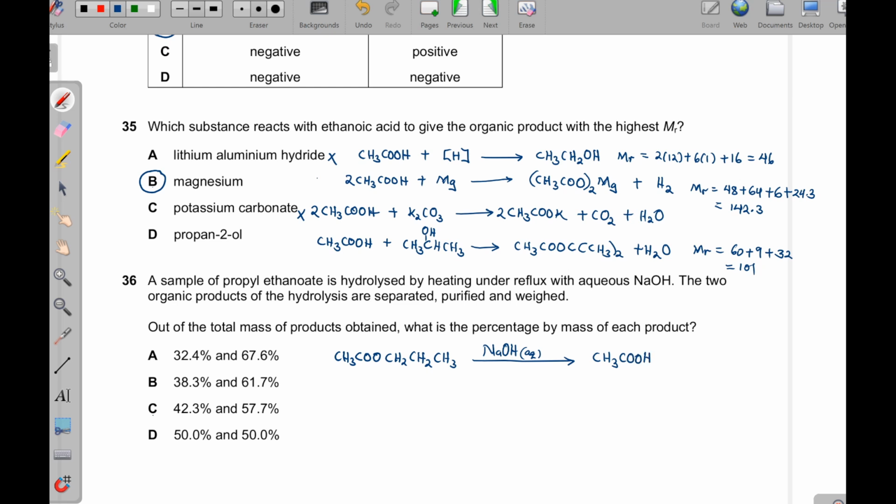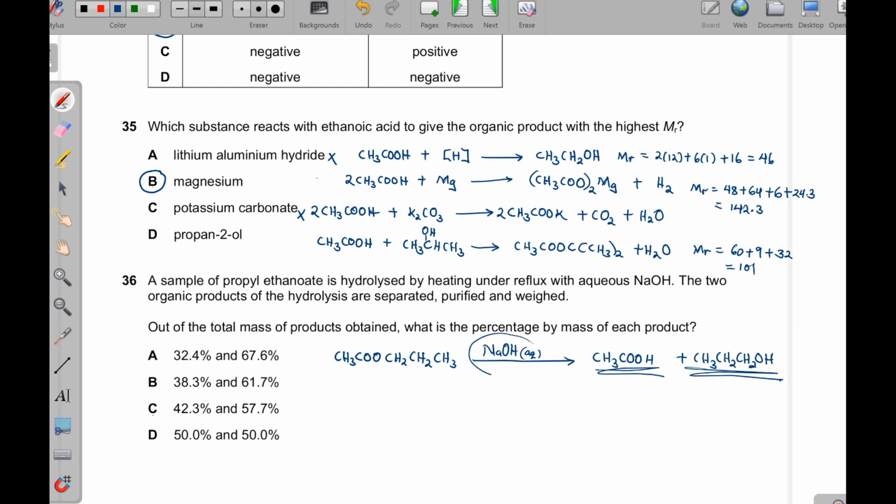First of all, you would have had this one here, okay? And an alcohol here, CH3CH2CH2OH. So we would have had this alcohol here if we had hydrolyzed using an acid, okay? We would get this acid and then the alcohol.